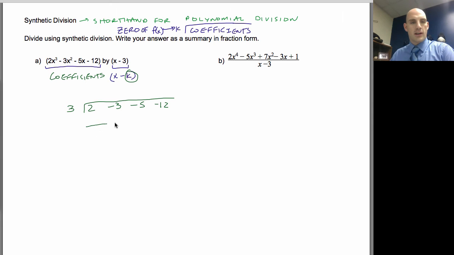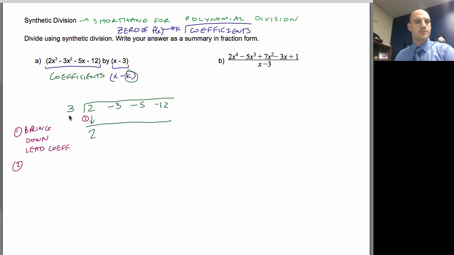I am going to draw a line here. And down, I'm going to bring my 2. So the first step is to bring down the lead coefficient, number 2.